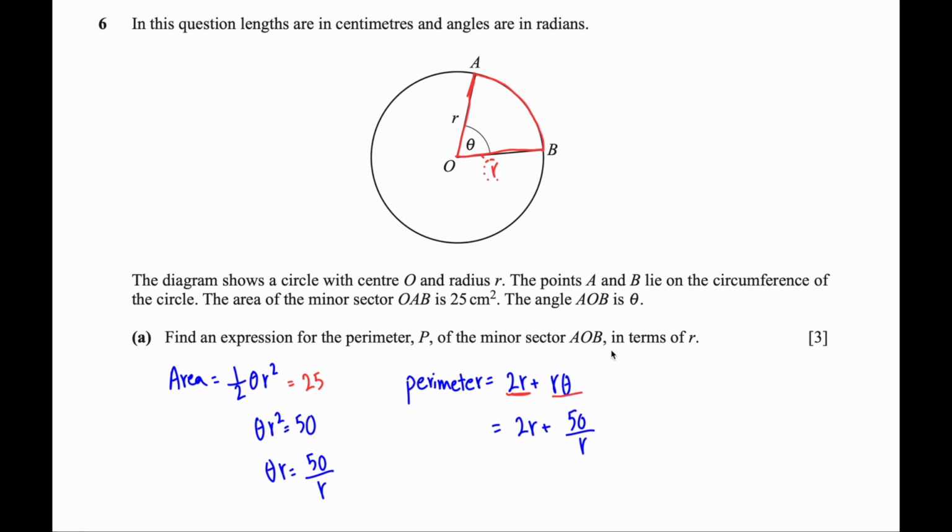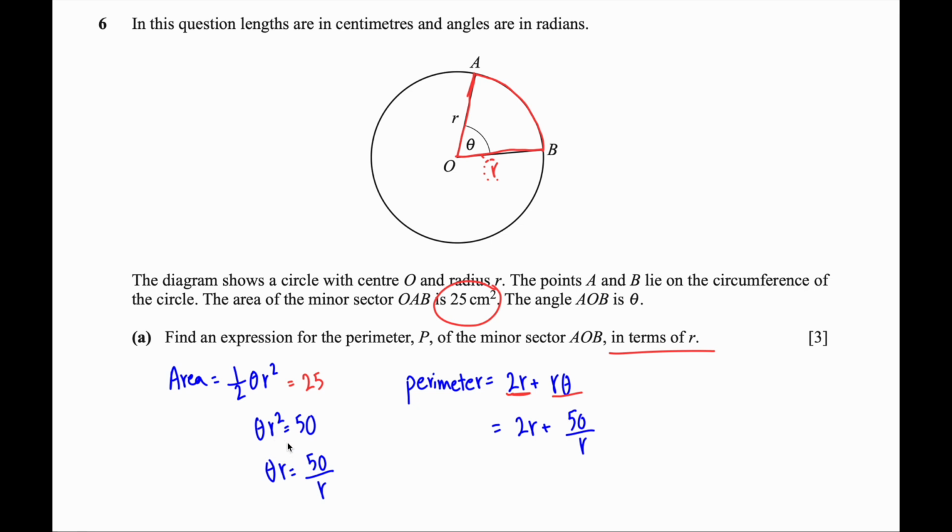However, since they ask everything to be in the word of R, I have to get rid of theta, and that's where this piece of information which was given to me comes useful. The area of a sector is half of theta R squared, and in this case it's 25. You multiply both sides by 2, you get theta R squared is 50. I want to make theta the subject of the equation.